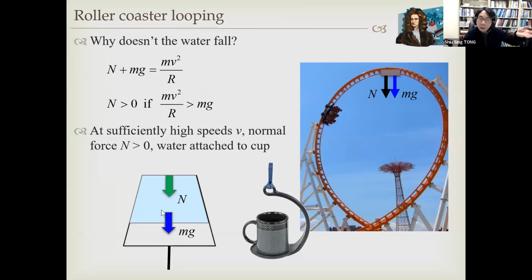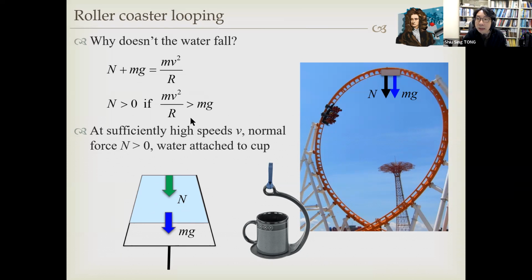When the cup is inverted, the cup is exerting a normal reaction on the water. And together with the weight of the water, they provide a centripetal force. And so N plus mg is equal to mv squared over R. If I swing it sufficiently fast, if v is sufficiently large, then mv squared over R is larger than mg.